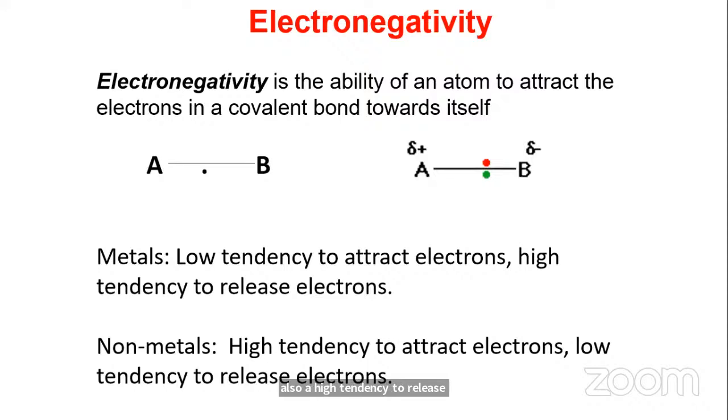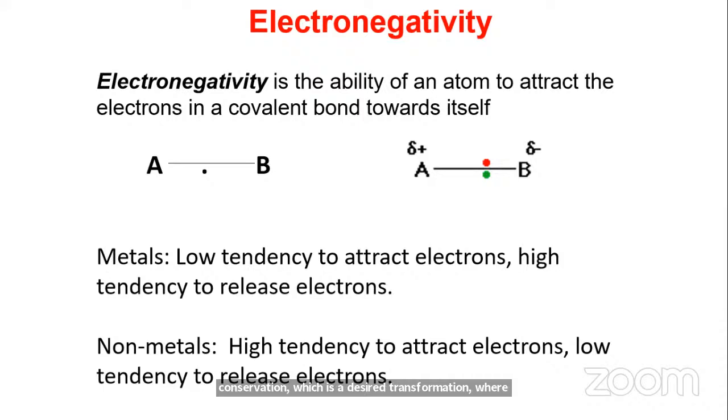So if you have a metallic species present in a covalent bond, the metal will always have the partial positive charge, and the non-metal will have the partial negative charge because it has a higher tendency to attract electrons. Remember, the metals will lose electrons to acquire the noble gas configuration, which is the desired configuration, while the non-metal will add on electrons to acquire the noble gas configuration.